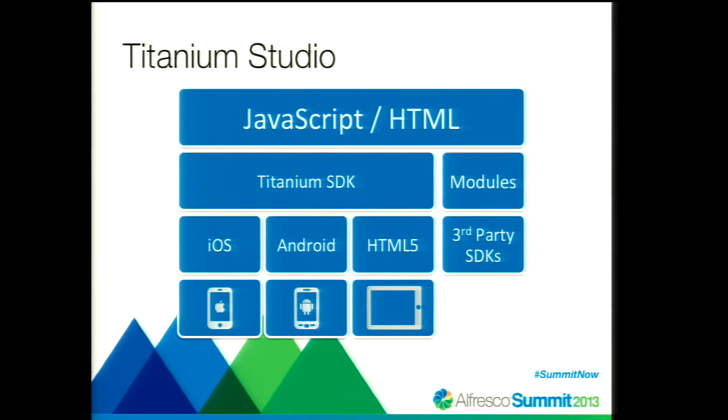So they're fully App Store compliant, which is important if you want to be on the Apple platform. They're essentially wrapping the Objective-C or the Java or the C# libraries and just exposing those as JavaScript. They also allow third-party modules to be brought in, where you can talk to third-party SDKs, and guess what?